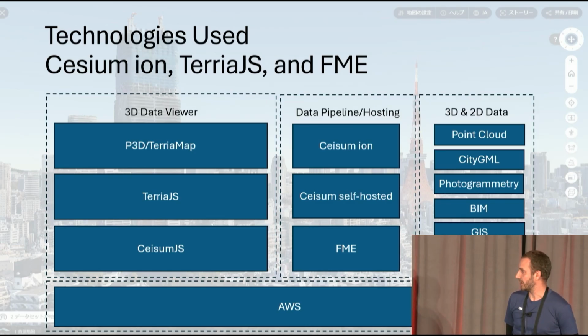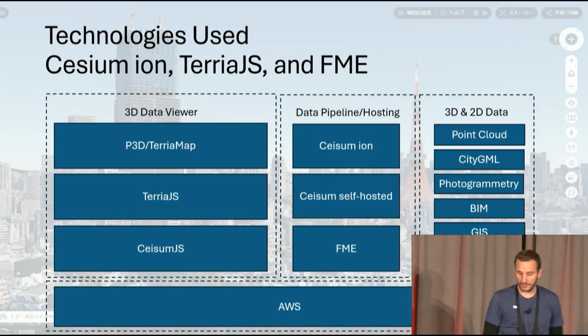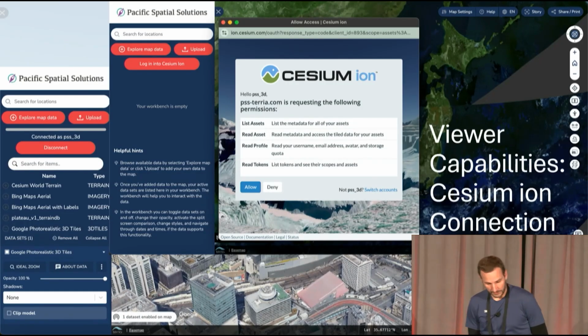If anybody after the presentation wants to try and visualize some data they have, we can make any test or demo needed. Everything that we deploy is deployed in AWS.